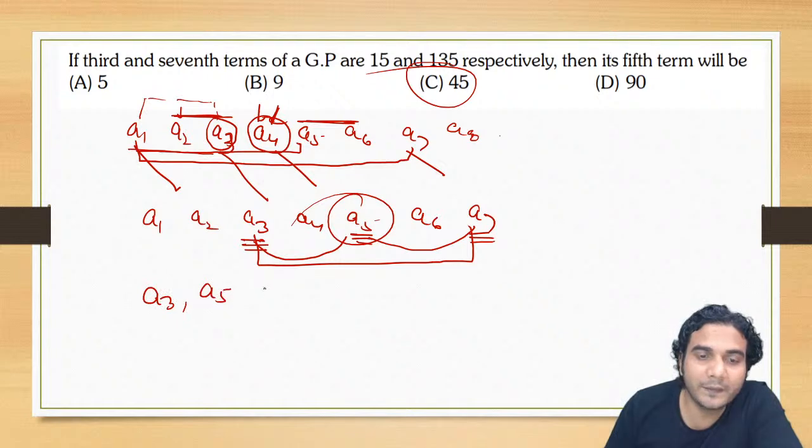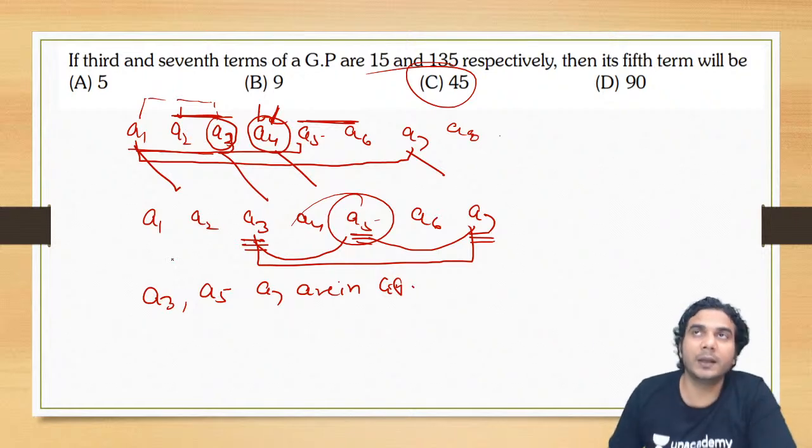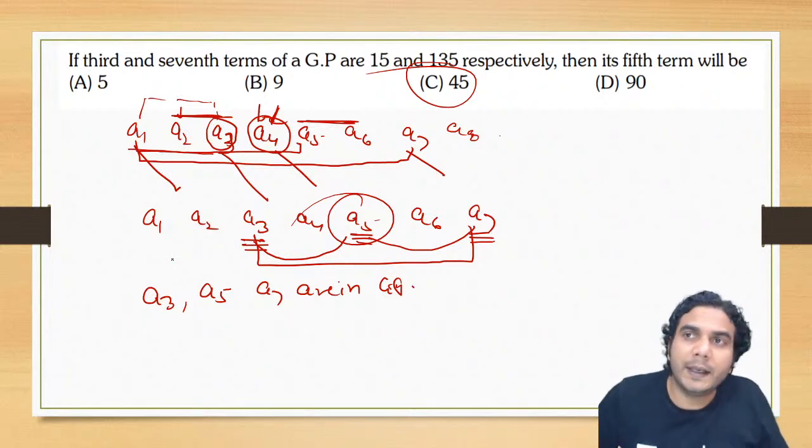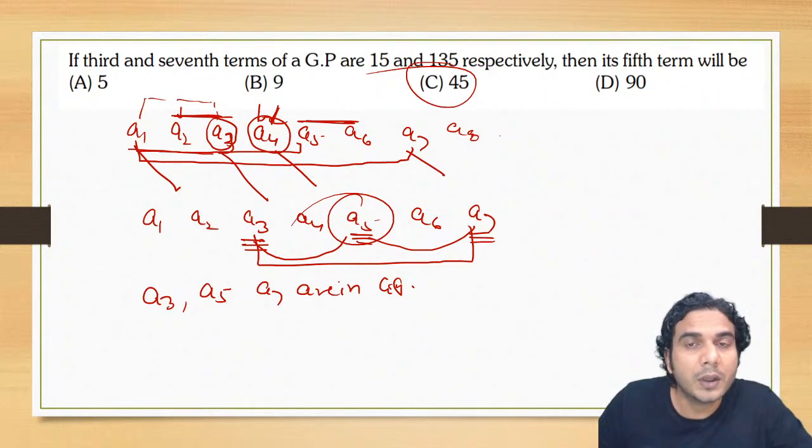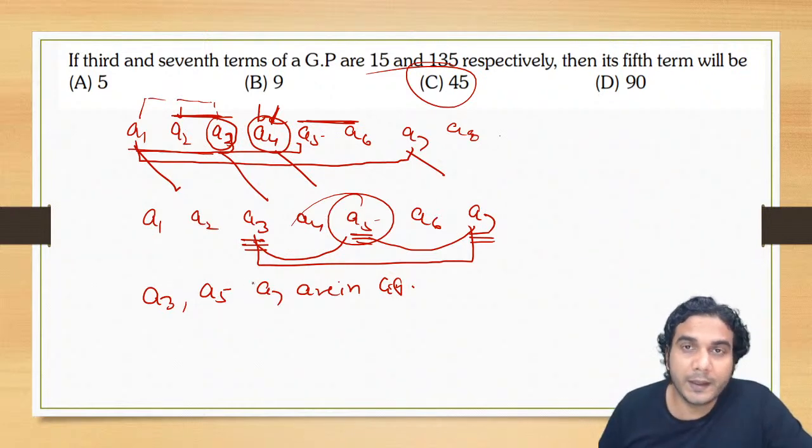You can say that if they have equal gaps. Like that you can apply it for, say, the 10th term, 15th term and 20th term. If your 10th term is given and 20th term is given, then you can find A15 easily. A15 will be the geometric mean of these two.